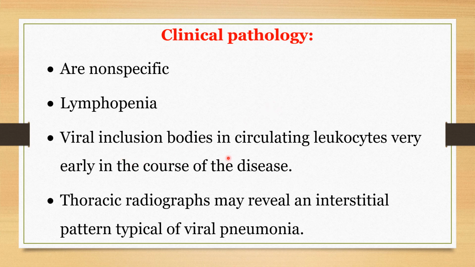Viral inclusion bodies in circulating leukocytes, that is an important finding in very early course of the canine distemper disease. The thoracic radiograph may show an interstitial pneumonia, that is the diagnosis of viral pneumonia, but it is not a specific one.